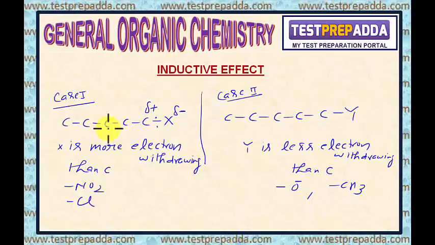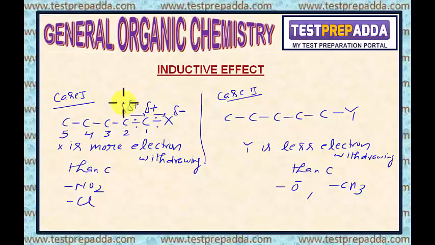If I number this carbon chain 1, 2, 3, 4, 5, although carbon 1 and carbon 2, the two carbon atoms, have the same electronegativity, same atom, because of the presence of this delta positive charge, this carbon 1 will pull the shared electrons towards it. And this way it induces some positive charge on carbon 2.